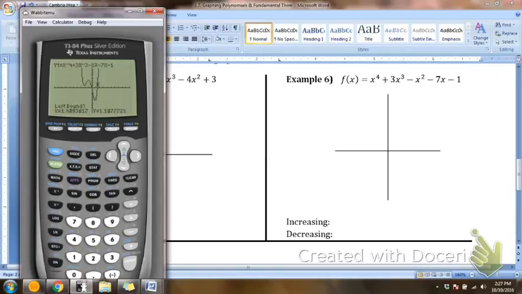Now we're going to go below it, and then above it. I'm getting 1.43, comma 0. Anybody else get 1.43? A few of you.